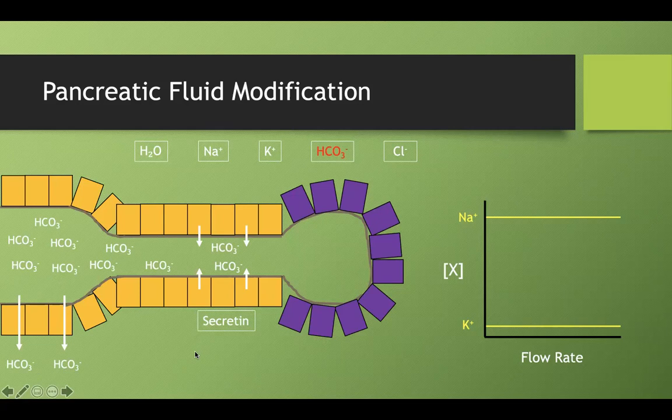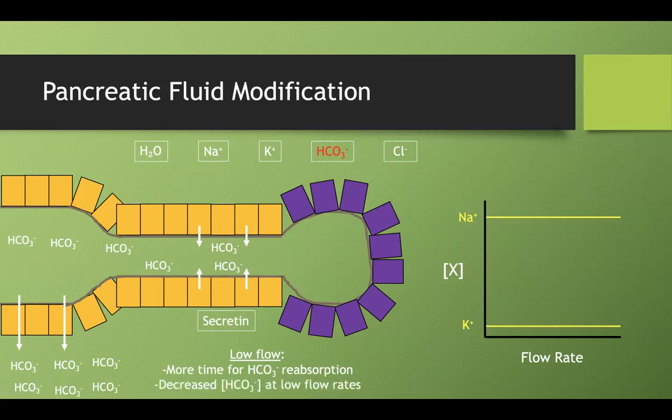So it can get reabsorbed. Now, the amount of bicarb reabsorbed will change depending on your flow rate. So at very low flow rates, if this is all moving very slowly down this way, you have more time for bicarb to sneak out. So you can see right there, a lot more bicarb had a chance to sneak out. So at low flow rates, you're going to have a decreased amount of bicarb in the actual lumen.